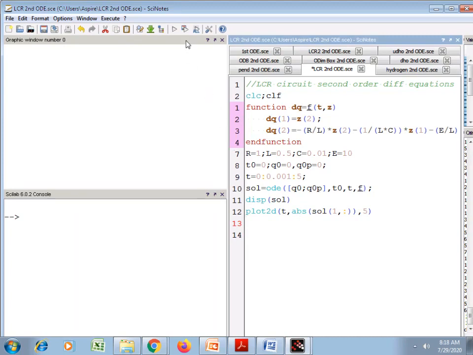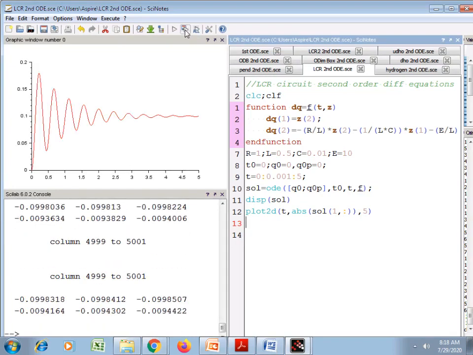Now I will save and execute this code. This is the oscillation created in the series LCR circuit, and you can see the amplitude is decreasing exponentially as time passes.